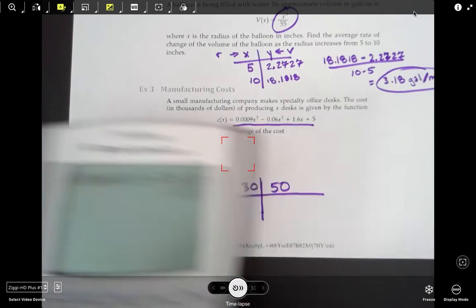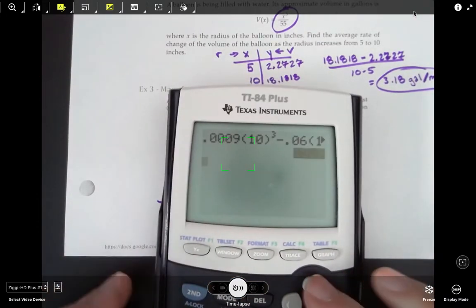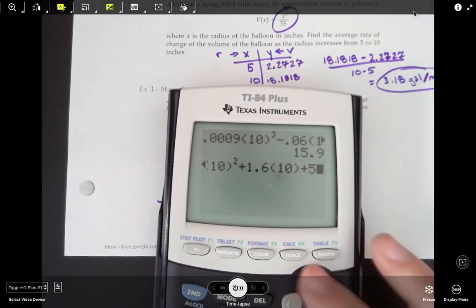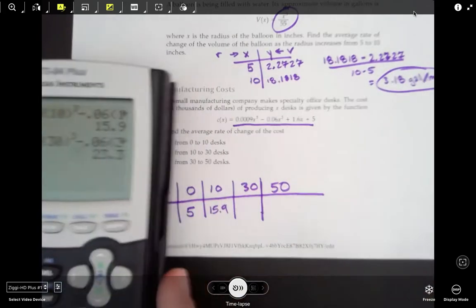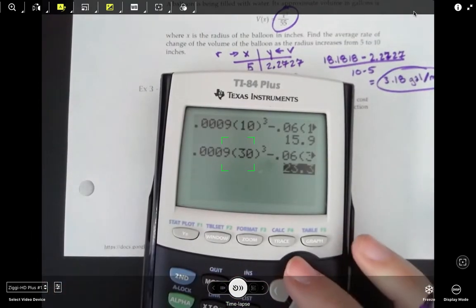Okay, and I get 15.9. If I do 30, I have a really nice calculator. I can hit the up arrow and hit enter, and I can just go back through and change all these 10s to 30s. So I'm just going to do that, then I don't have to retype everything in again. Enter. I get 23.3. And I'm going to do the same thing for 50.